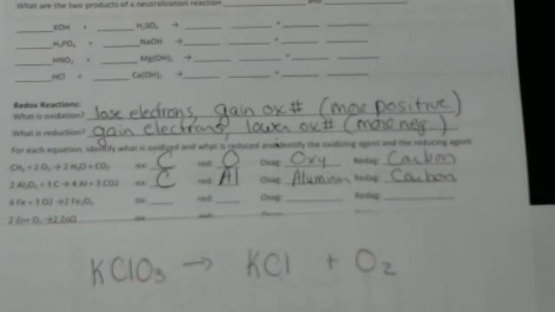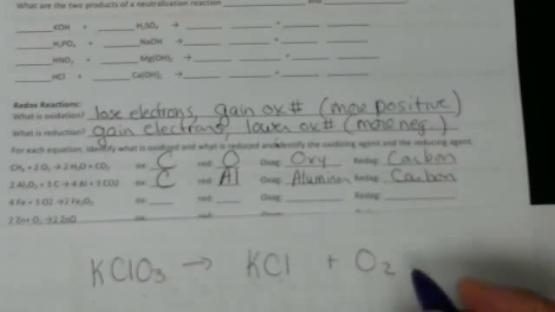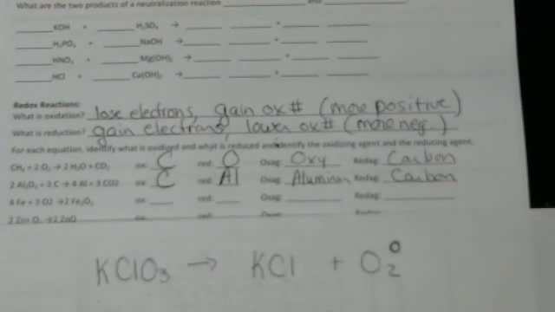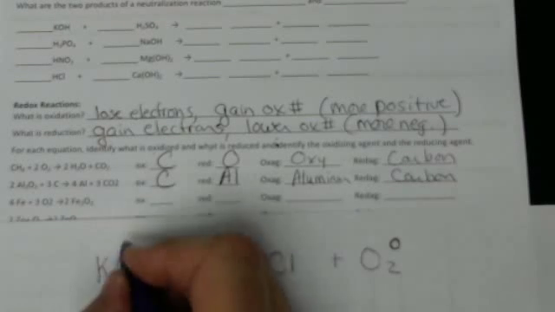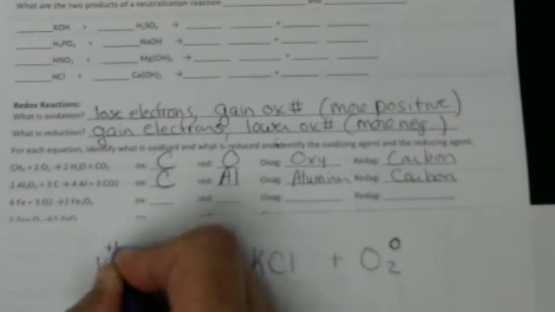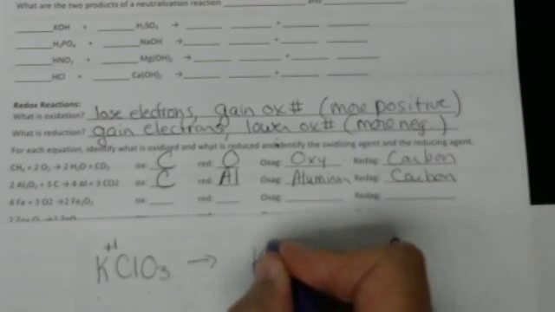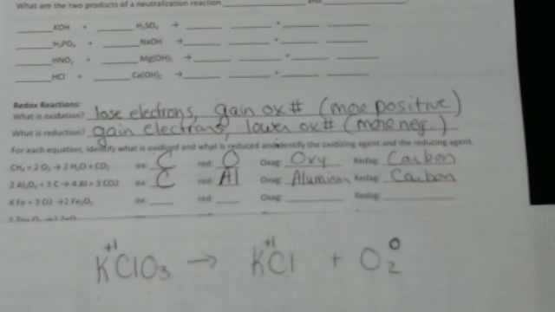So, potassium is a group 1. Actually, let's start with our element by itself. Remember, that's always our first rule, so that guy gets a 0. Group 1s always get a +1. All right, so let's look at this guy: +1, and the Cl all by itself.